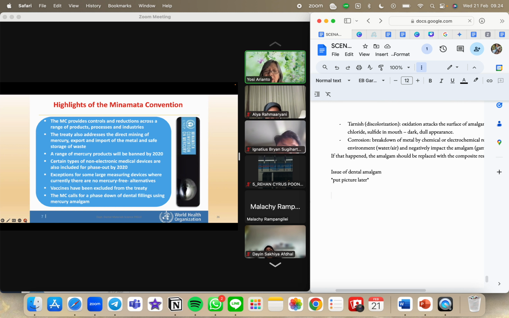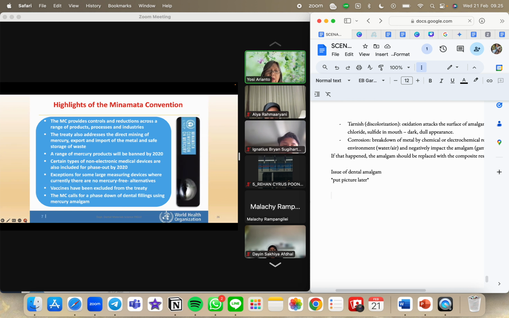To use it, it should be stored in a very isolated way so that it cannot contaminate the environment.